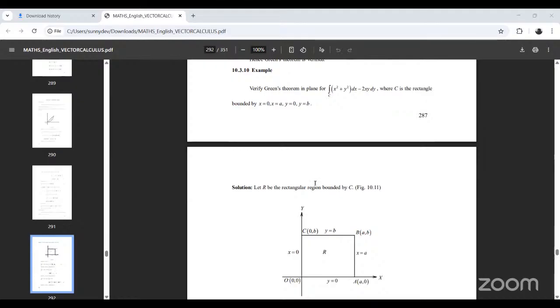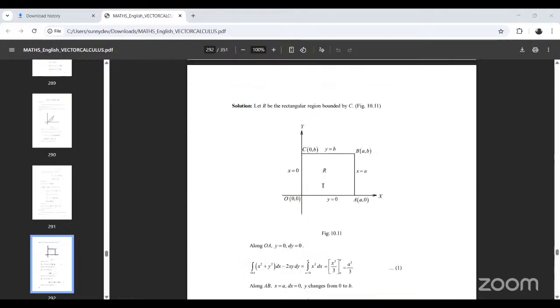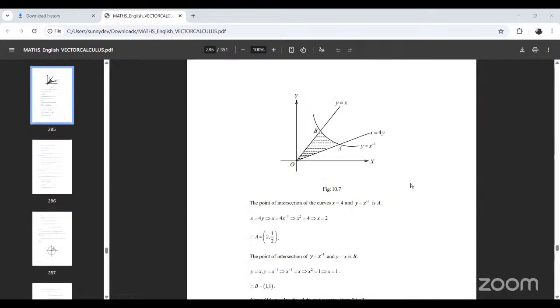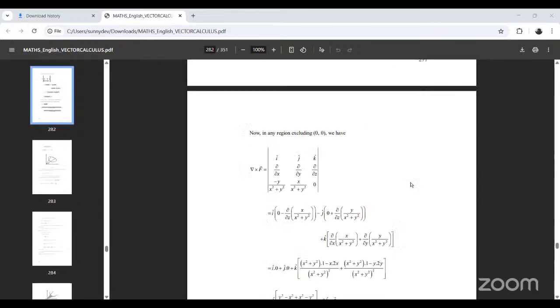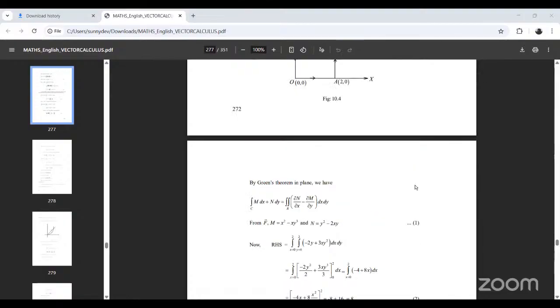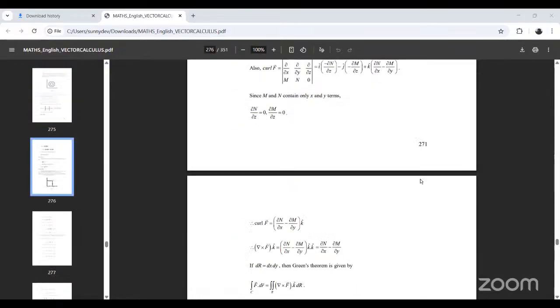So all of these depend on only one formula. At the starting we discussed the formula: the integral of M dx plus N dy equals the double integral of dou N by dou x minus dou M by dou y dx dy.